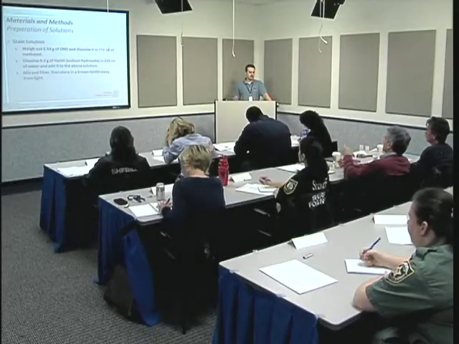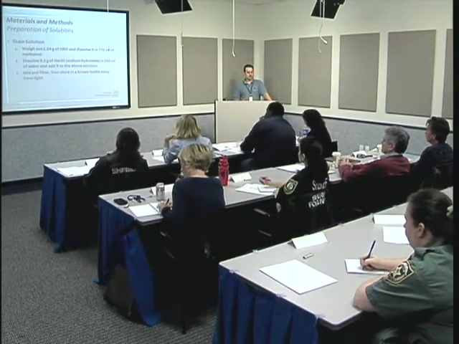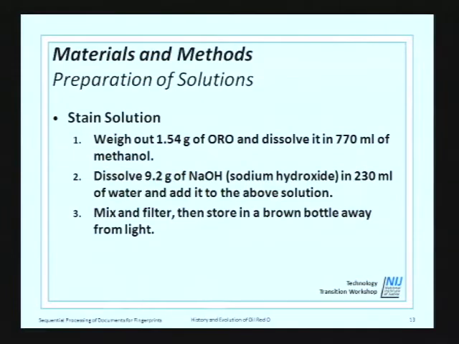So to prepare the solution, I've put some information about the solution that we will use in the lab later on. You use 1.5 gram of Oil Red O in methanol, and afterward you make a solution with sodium hydroxide in water, and then you mix both together and filter the rest. So your Oil Red O is mixed with sodium hydroxide, methanol, and water.